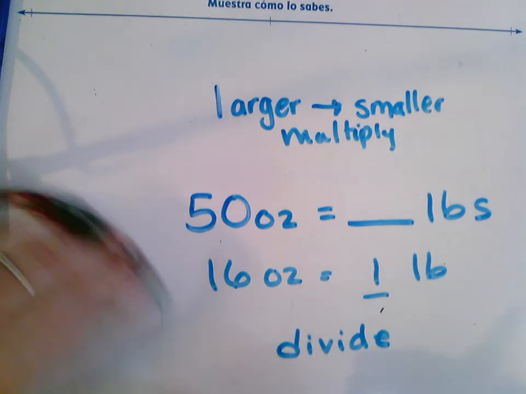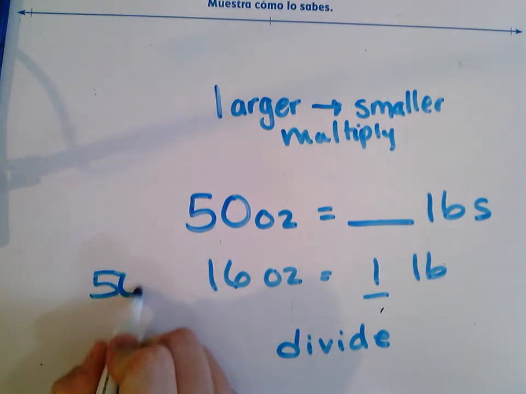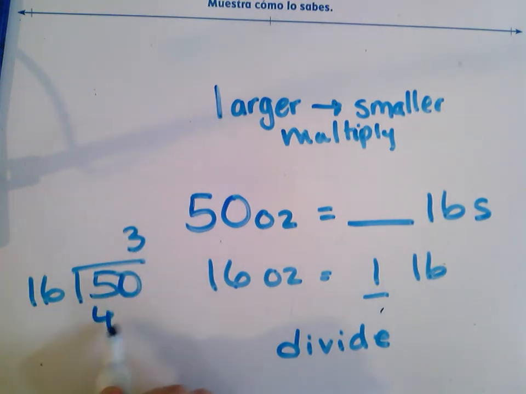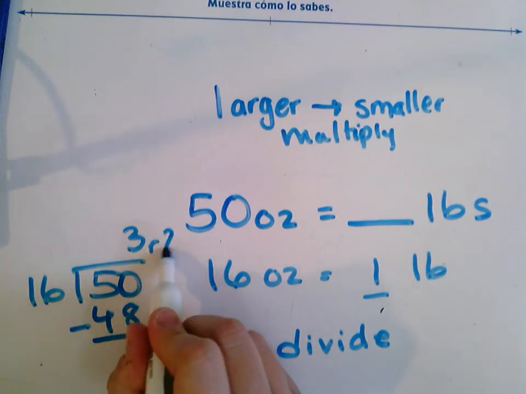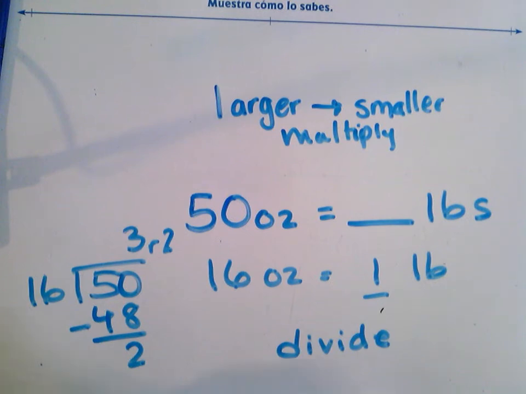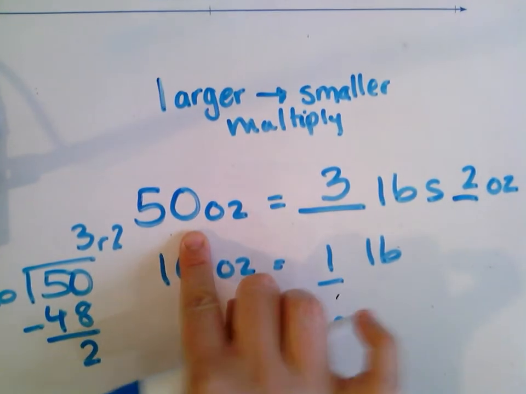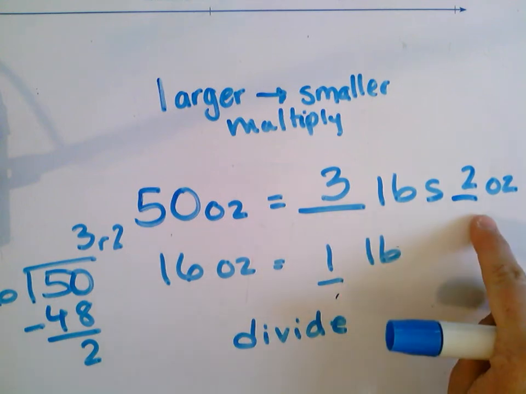I know that 3 16s is 48. So I have a remainder of 2. Okay, 3 remainder 2. Well, that means I'm going to have 3 pounds and 2 ounces left over. So 50 ounces is the same as 3 pounds and 2 ounces left over.